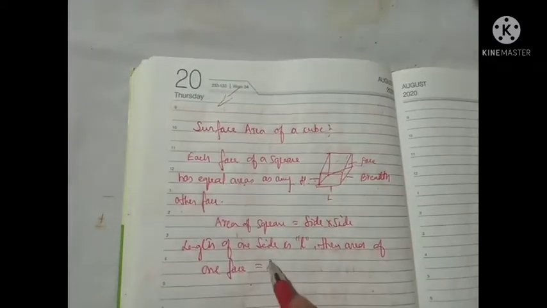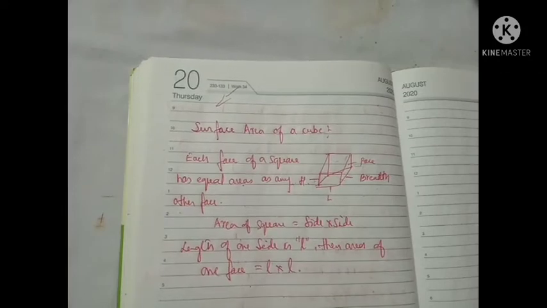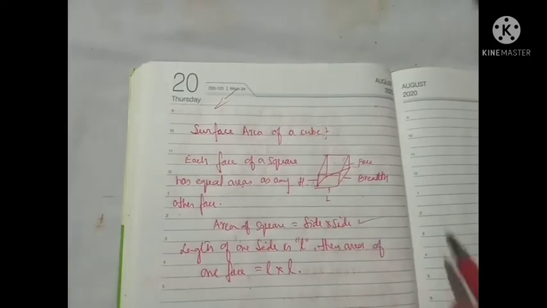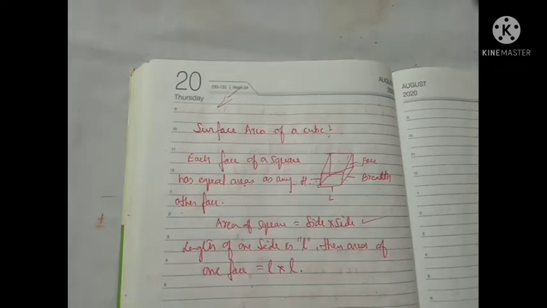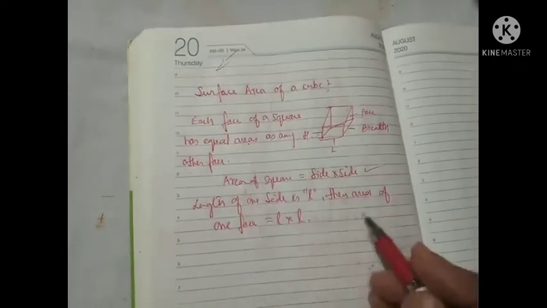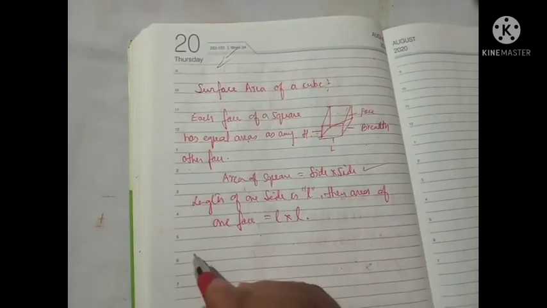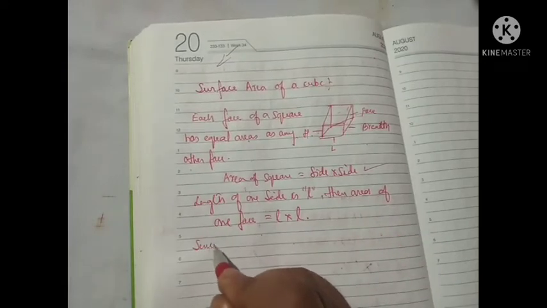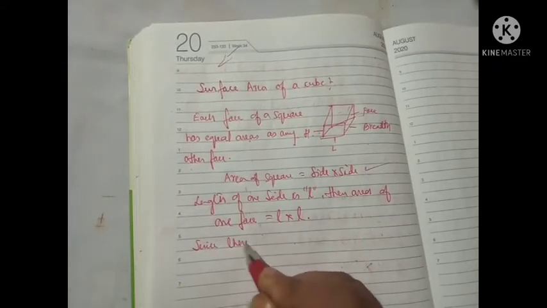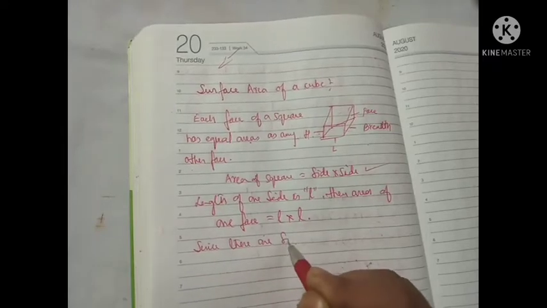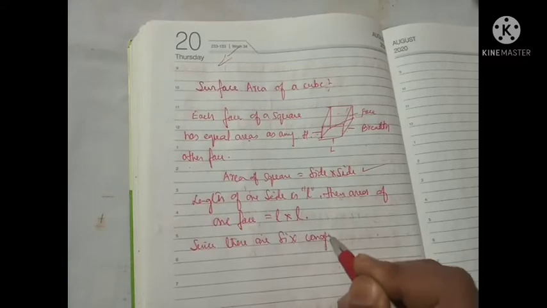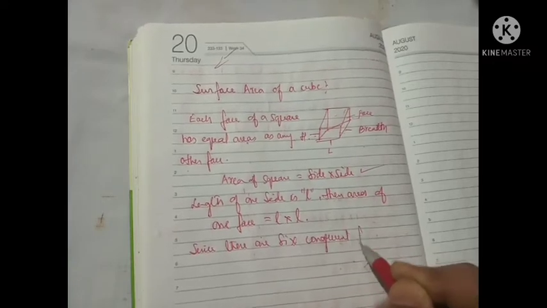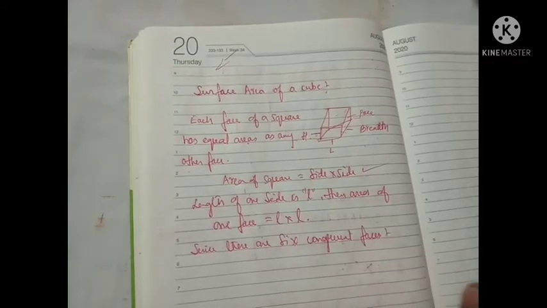Area of one face equals L into L. Area of one face means area of a square, that is L into L. Since there are 6 congruent faces, so what will you do?